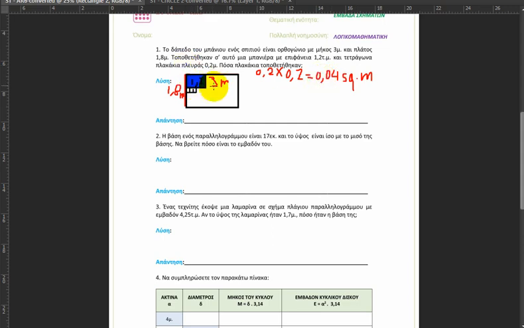Now here, the area of the rectangle is going to be 3 times 1.8 meters. 3 times 1.8 makes how much? 5.4, sorry, 5.4 square meters.